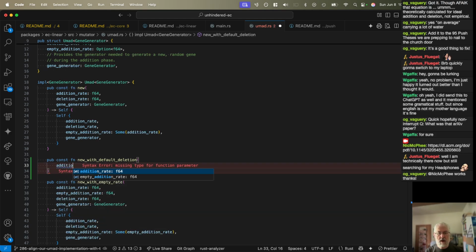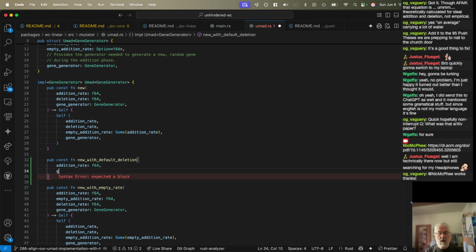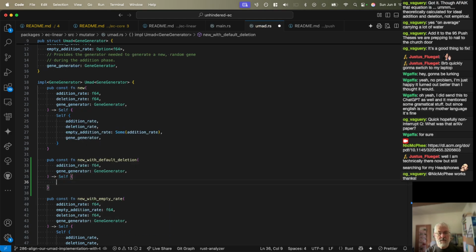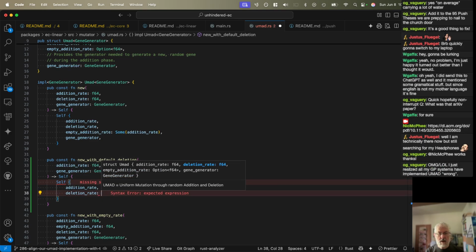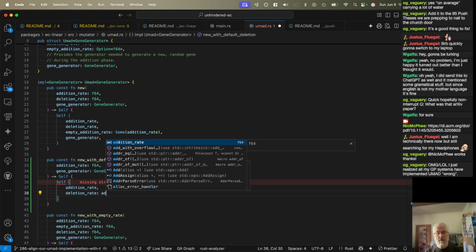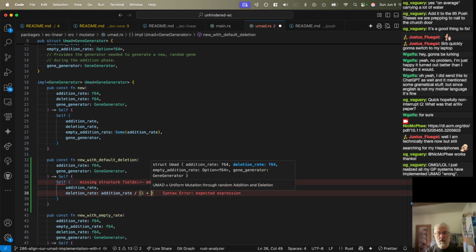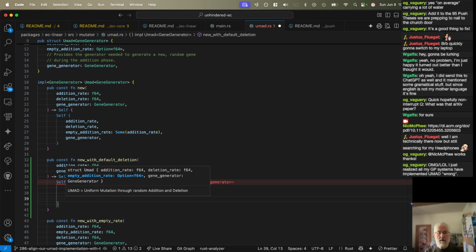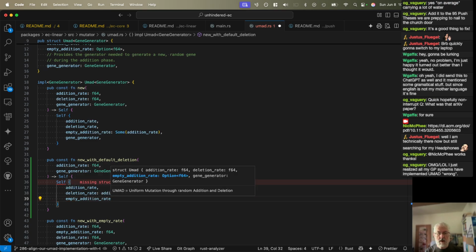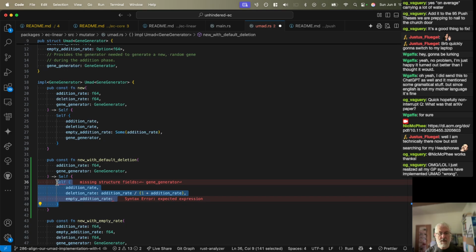That takes an addition rate, but no deletion rate, and a gene generator, and returns Self, and the deletion rate should be addition rate divided by 1 plus addition rate. And the empty addition rate will go with, oh, actually, I could call new, couldn't I? And just put the right thing in.